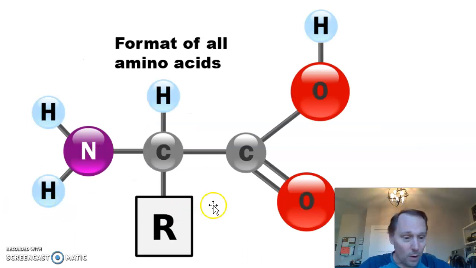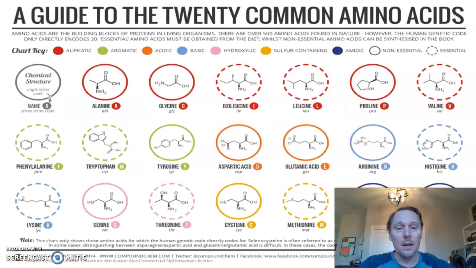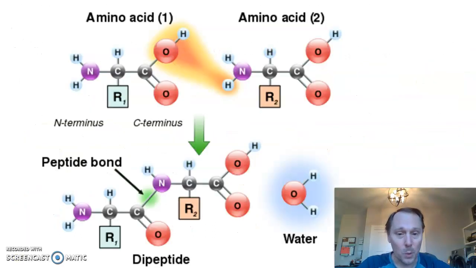The only difference of all amino acids would be this little R group here. That's the only difference. This is the basic format of all amino acids. Some of these you may recognize, some of them you may not, but they're all the same basic format. They are the building blocks of protein.